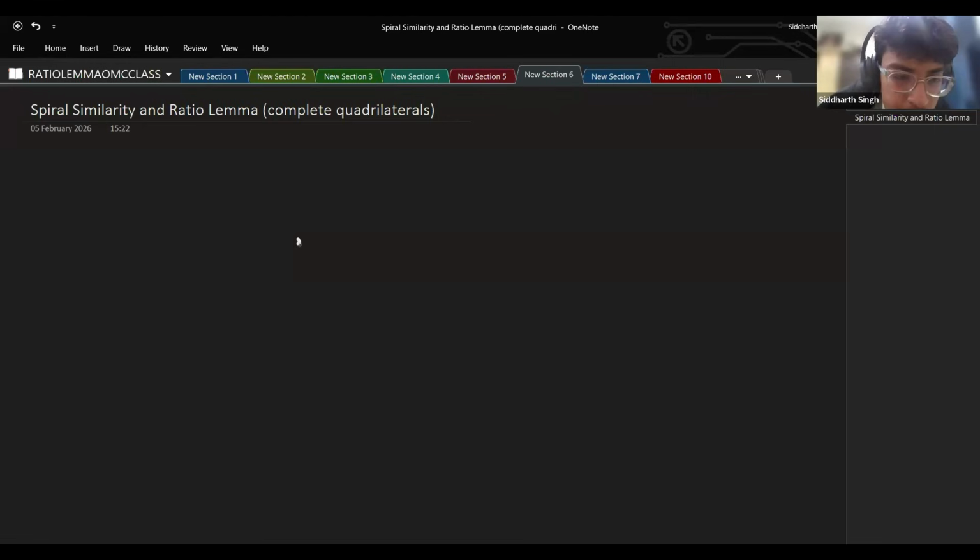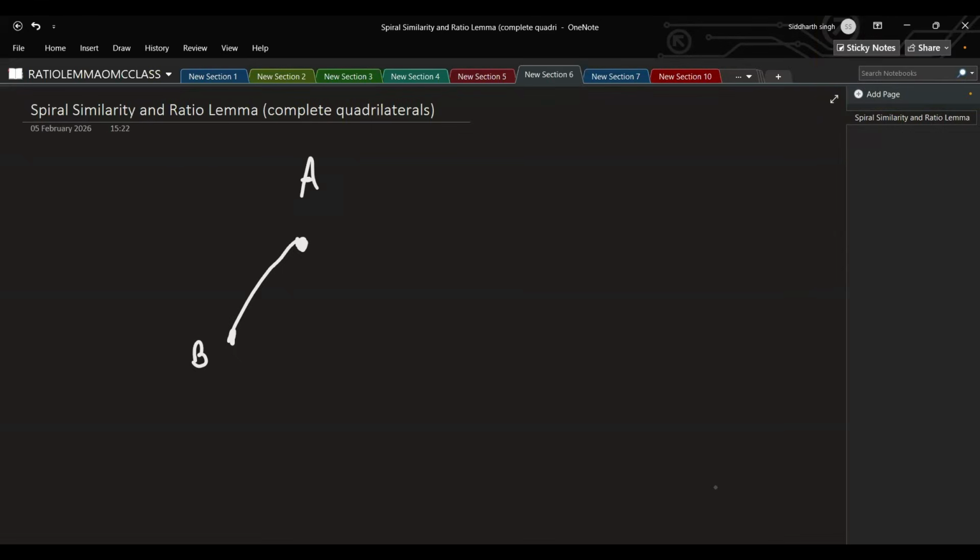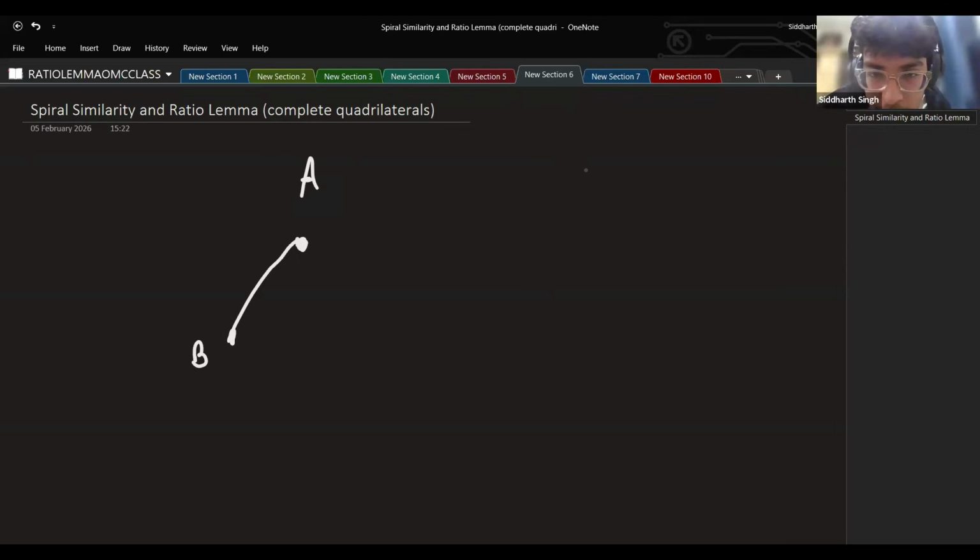Okay, so consider some point A. Consider another point B. Consider the segment AB. Do you know what a homothety is? Yeah. So suppose we have some ratio K, it sends B to some random point C.